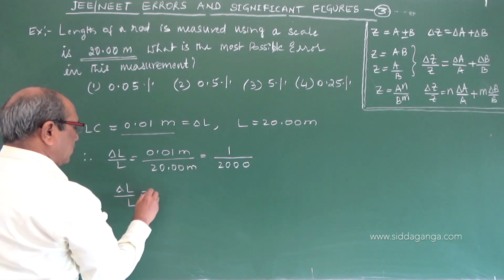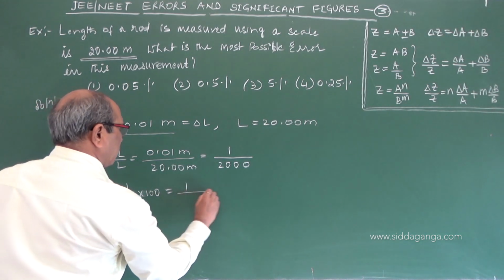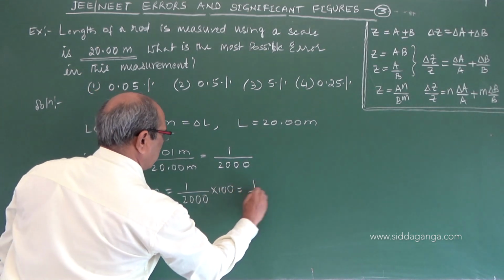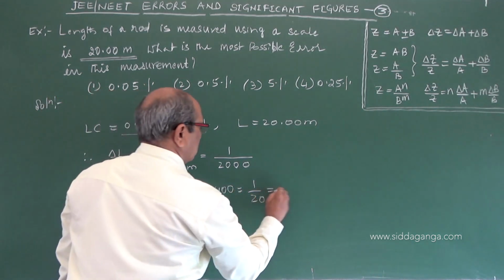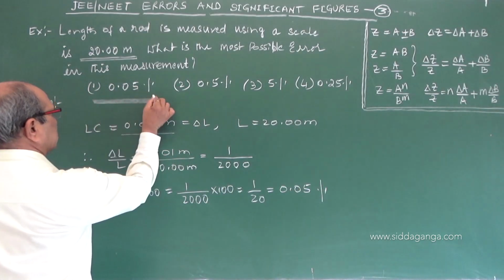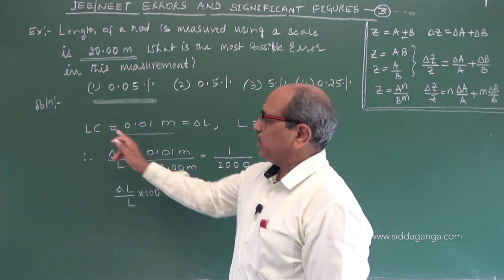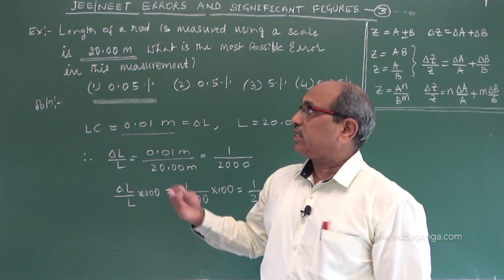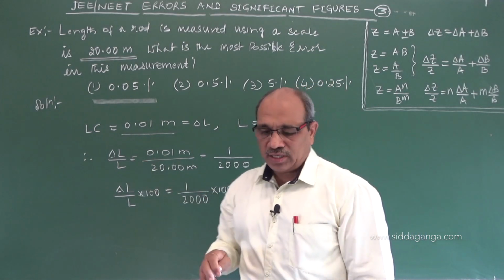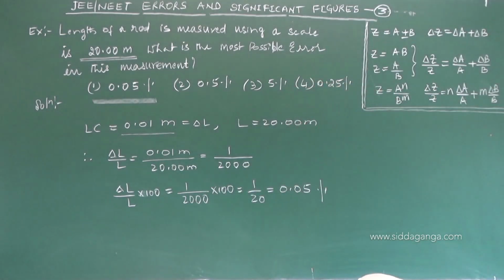So delta L multiplied by 100: 1 by 2000 into 100 becomes 1 by 20, which is nothing but 0.05%. Hence your answer is this. I think you understood how to get the least count or the mean absolute error, the maximum possible error in the measurement. Delta L by L is the relative error, and multiplying by 100 gives the percentage error. I hope you understood that one. Let us go to the next one.